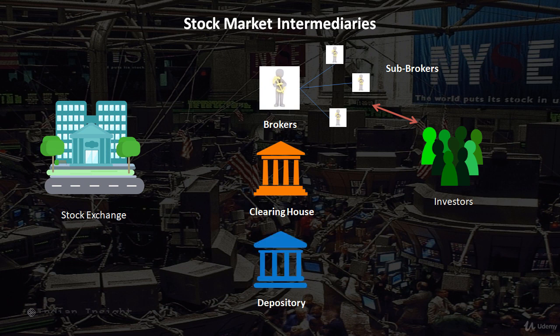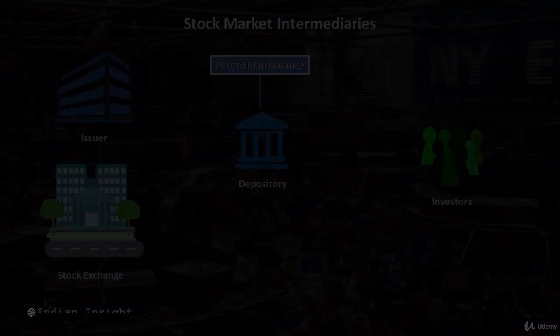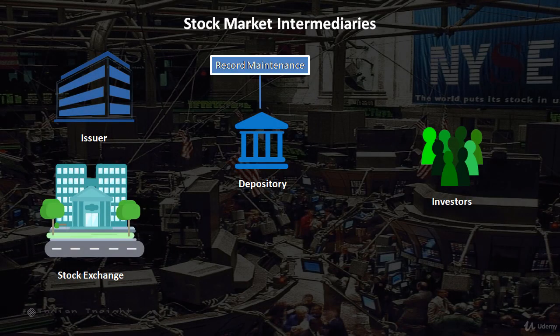Another intermediary involved in transactions is the depository and depository participant. Like you keep your money with a bank, you are required to keep all your securities with a depository. A depository maintains a record of all the securities you own. Hence, depositories also facilitate the exchange of securities.